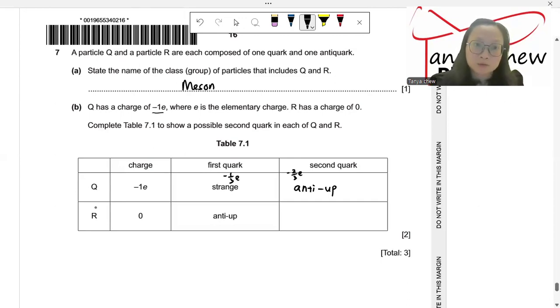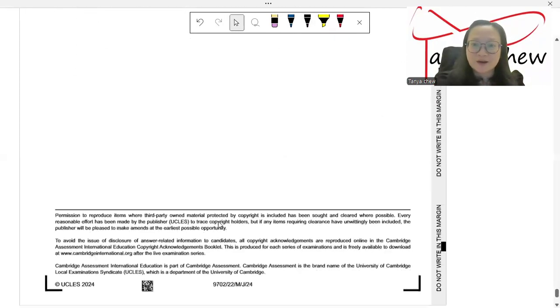What about R? R has no charge, free of charge. So the first quark is anti-up. The second quark will be just up. Up and anti-up are opposite of each other. So up is positive 2 over 3 e, anti-up is negative 2 over 3 e. So you get 0.